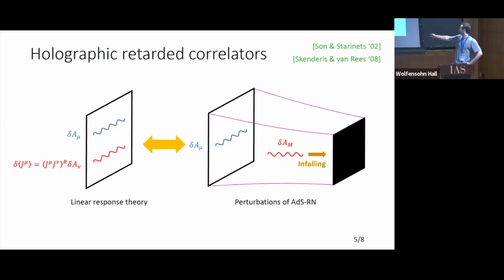The way it is done in holography is by solving the linearized equations of motion for the perturbations of the gauge field in the bulk with infalling boundary conditions at the horizon. And then the solution of these equations will contain the information of this two-point function. So even for such a simple system as a charged black hole, solving these equations has to be done numerically. But okay, so this is what we did, and I will show you some numerical results.